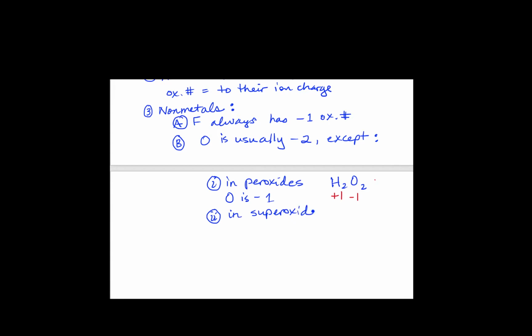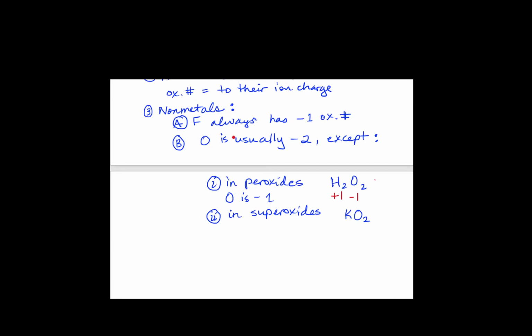These are extremely rare, so you're unlikely to actually encounter any of these, except for in an exercise or a homework assignment potentially. So a superoxide has a +1 cation, like potassium, with 2 oxygens, and the potassium, this goes back to our rule number 2, right?